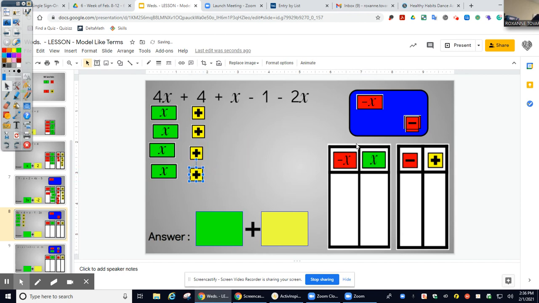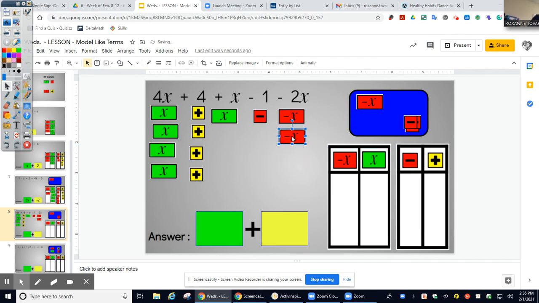And then a regular "I'm just an x," and then a negative 1. And 2 negative x's.